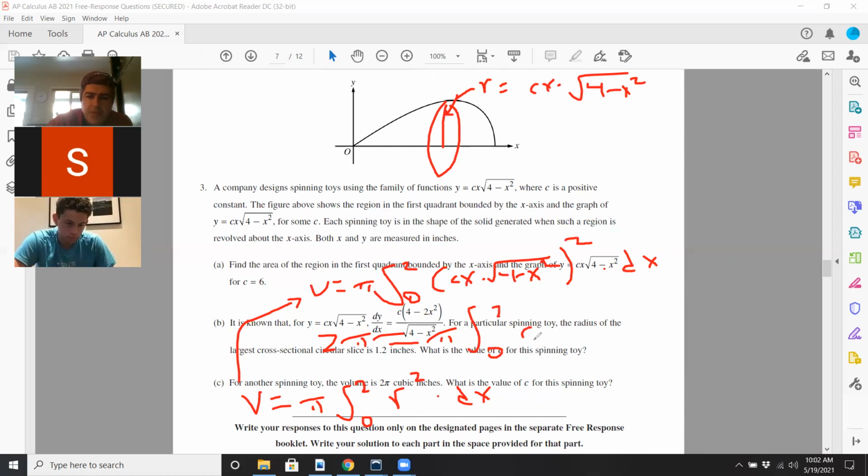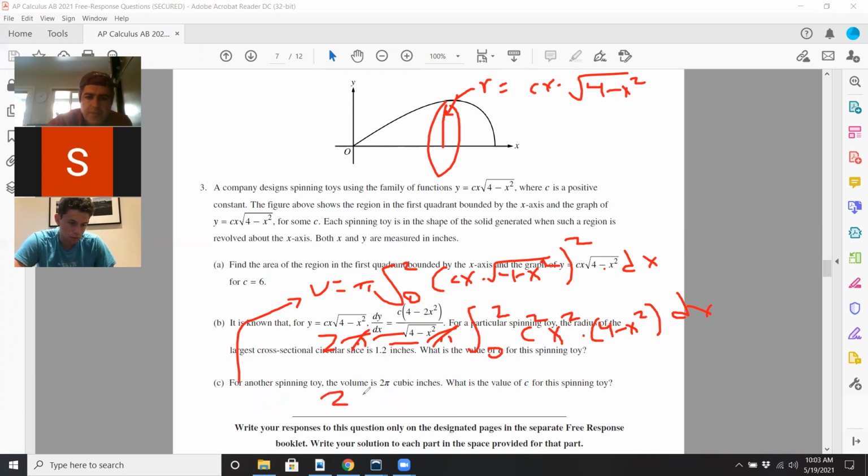Just square that, it becomes c squared x squared times 4 minus x squared dx. Pi's will cancel, and then you could pull out the c squared to the left of the integral.